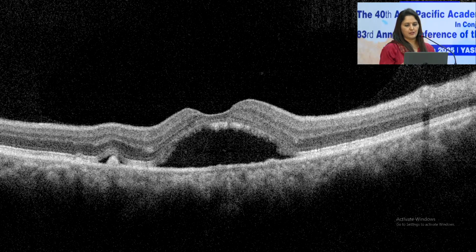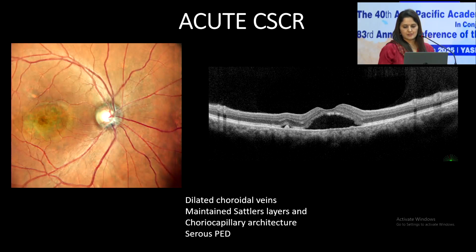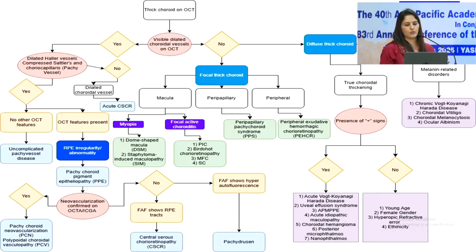In this case you can see an acute CSCR with thick vessels which are deep down and not having any effect on the adjacent Sattler's layer or the choriocapillaris alterations. So this is an acute CSCR. On the other hand, you have thick vessels which are much closer to the RPE, causing a compression effect on the Sattler's layer and the choriocapillaris. You can identify this as the pachyvessel-driven pachychoroid disease.